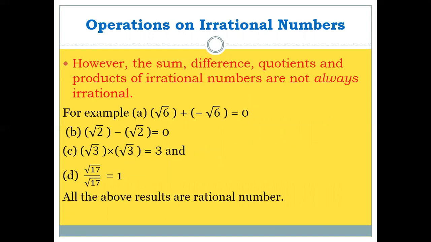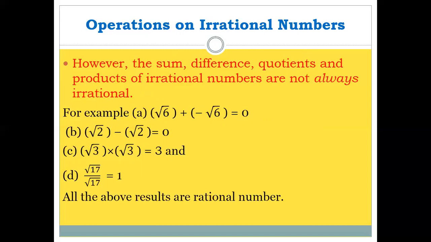The first example explains the addition of two irrational numbers, root 6 and minus root 6, and we get the result 0. So 0 is an example of a rational number, because 0 can be written in p upon q form as 0 upon 1. So here the sum of two irrational numbers is a rational number.